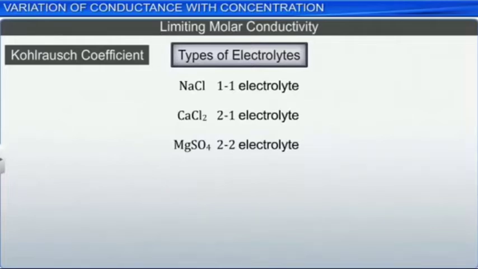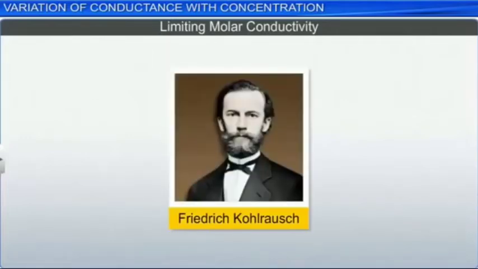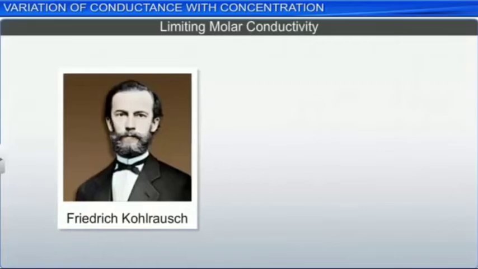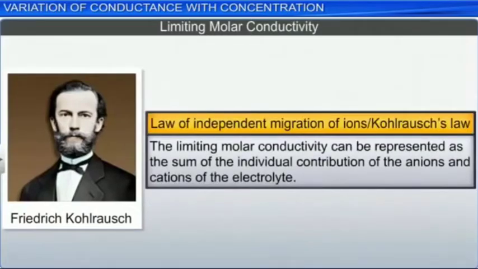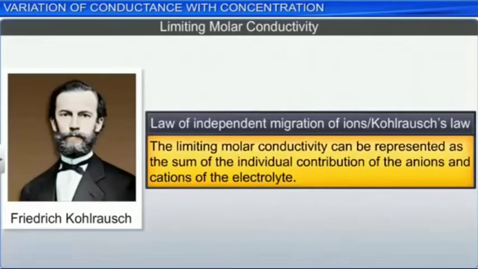Kohl-Rosch carried out studies on limiting molar conductivity for a variety of electrolytes. From his work, he deduced the law of independent migration of ions, or Kohl-Rosch's law. This law states that limiting molar conductivity can be represented as the sum of the individual contributions of the anions and cations of the electrolyte.